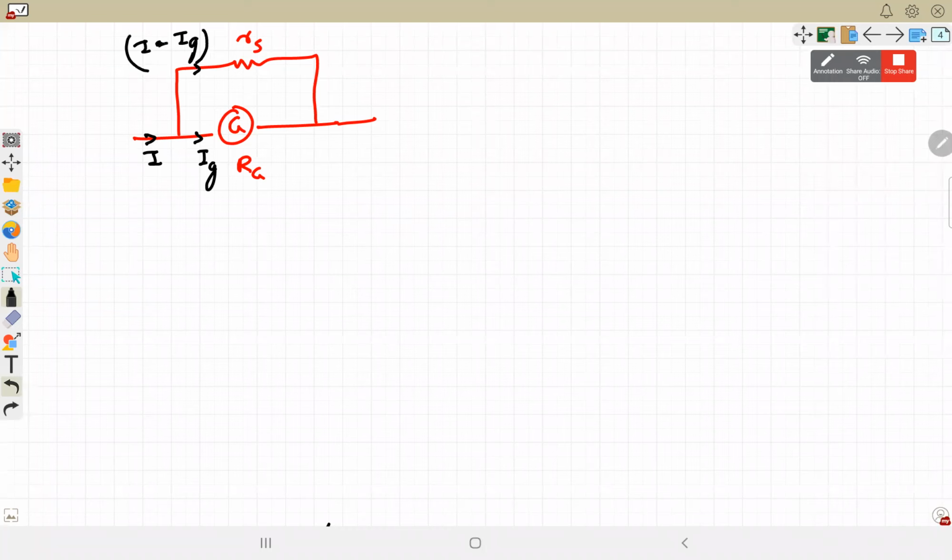Suppose capital I is 20 ampere and IG is only 1 milliampere, because that is a very, very high resistance. So galvanometer से बहुत कम current जाएगी. The rest of the current will be bypassed. So the shunt reduces the resistance of the ammeter as well as provides an alternate path for excess current to pass.